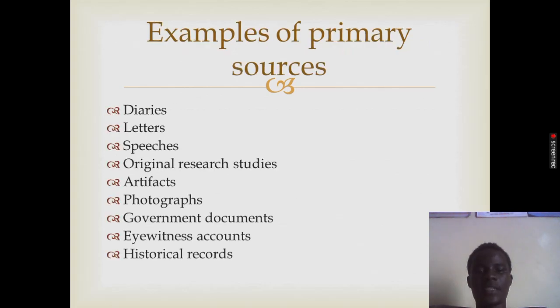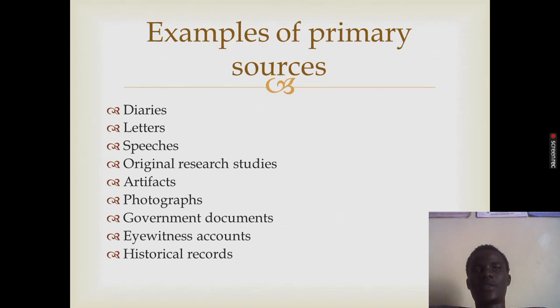We have a few examples of primary sources that we have listed here. We have diaries, the personal account of the day-to-day life of someone, written according to the events that happened in their life on a particular day. If you need that, you need to get it from a diary. We have letters, an exchange of communication between two people using paper or any form of media.